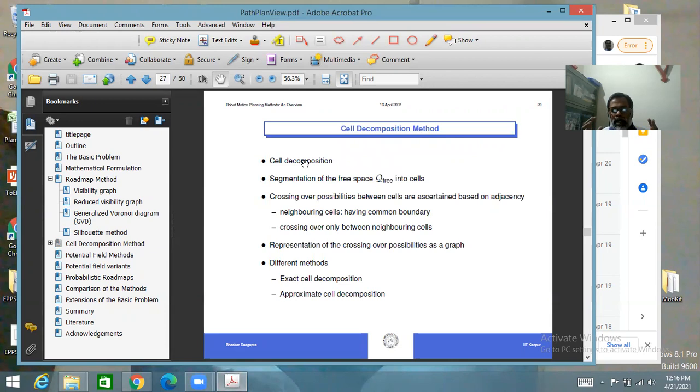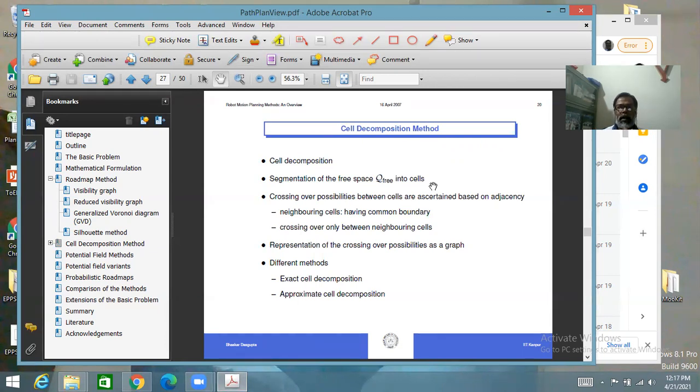The entire Q free, the free space, when you decompose it into a number of non-overlapping regions, then you call those regions cells and this operation cell decomposition. This is segmentation of the free space into cells, and the cells will not overlap.